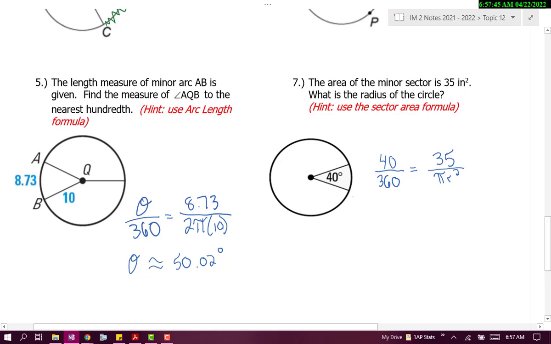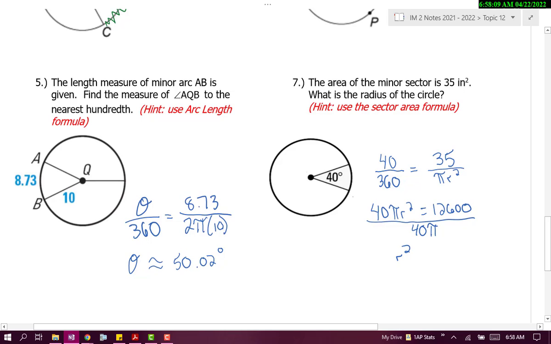So we can cross multiply, and again, it's much easier this way; we'll talk about the other way in a second. When we cross multiply, we get 40 pi r squared equals 12,600. We're going to divide by the 40 pi because we want to get r squared by itself.